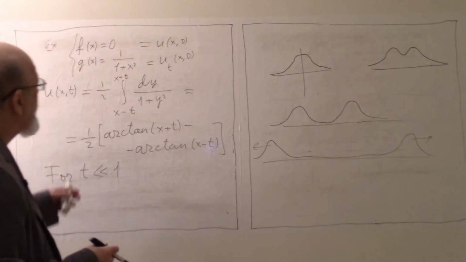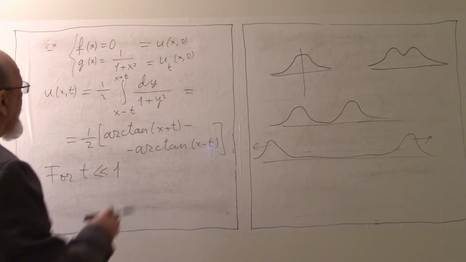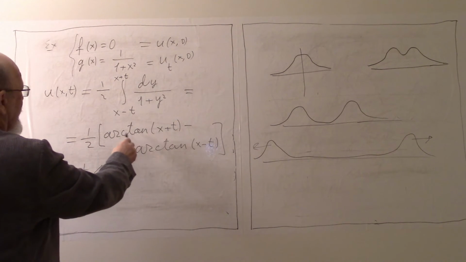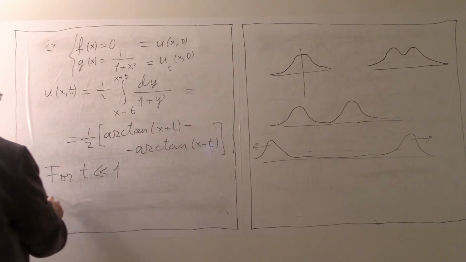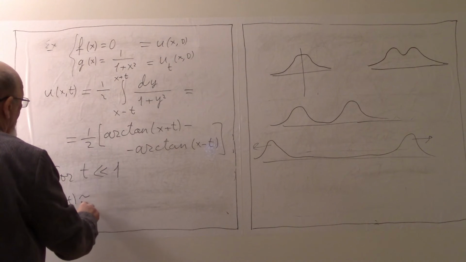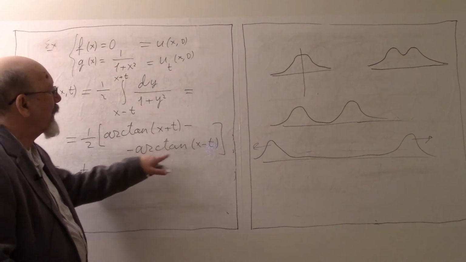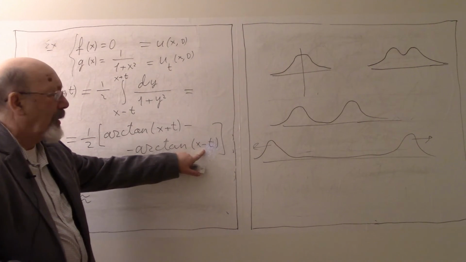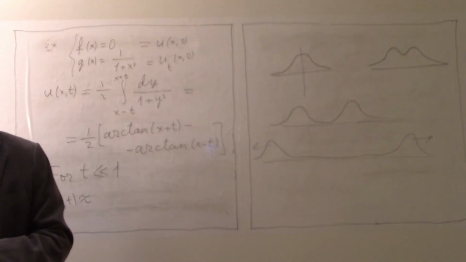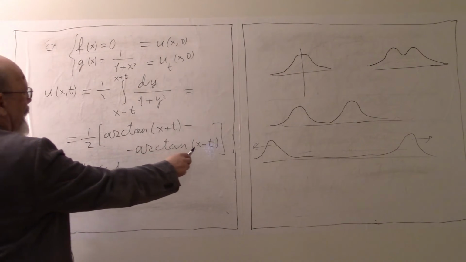The natural unit is 1, because we see no other parameters. You can write again that u(x,t) is approximately equal to 1/2 times arctangent of x plus t minus arctangent of x minus t.